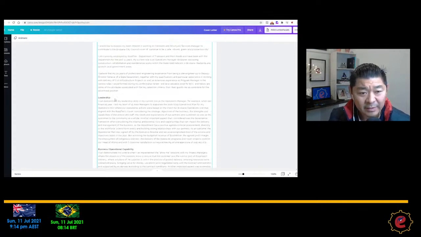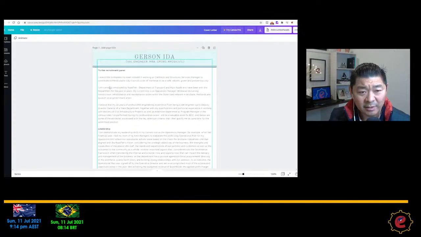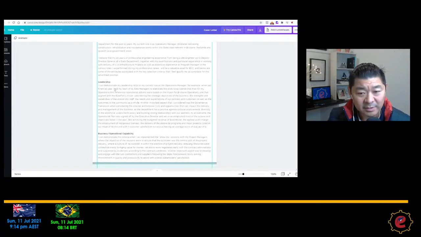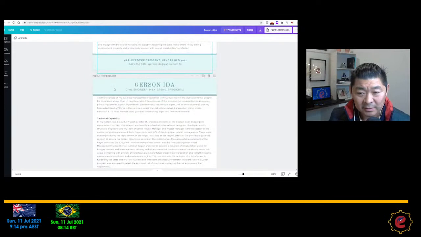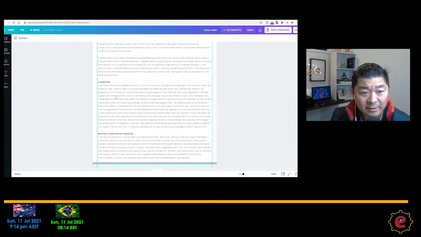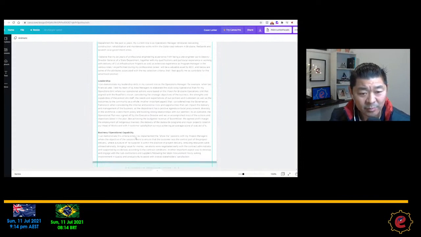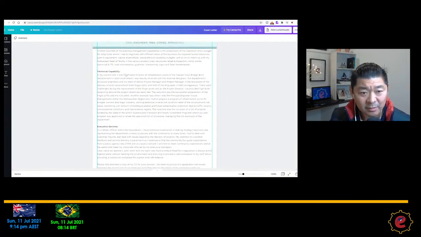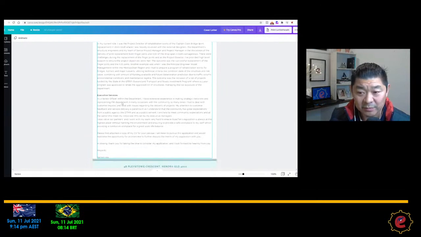So, and here you can see I have the initial paragraphs with my introduction. And then you will see that in the next page or two, I've got some headings: leadership, business operational capability, technical capability, executive services.